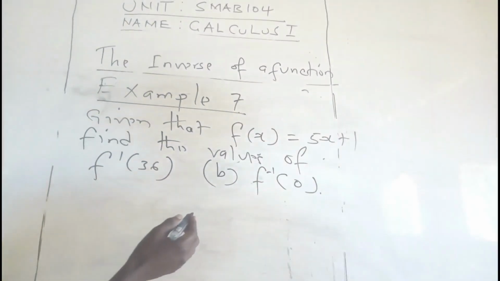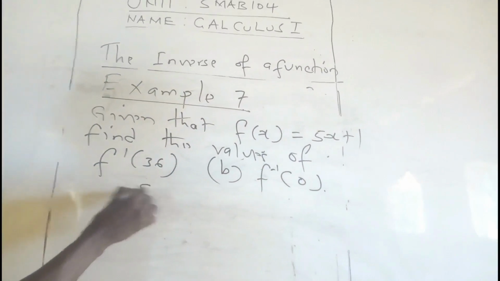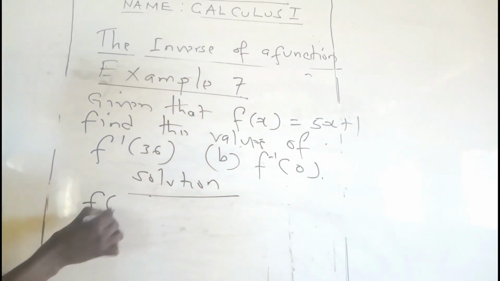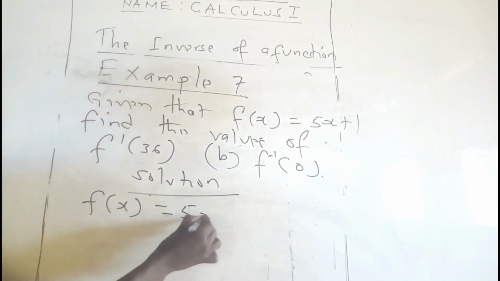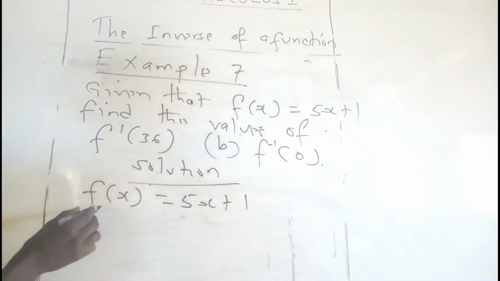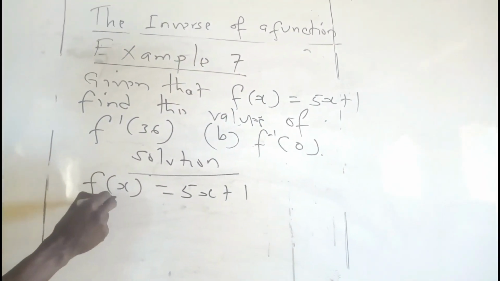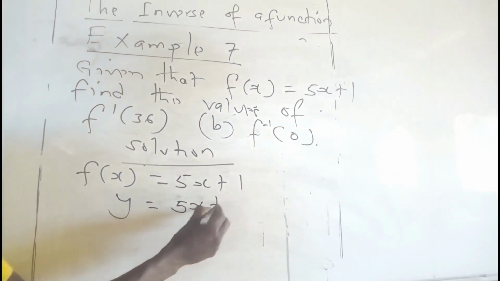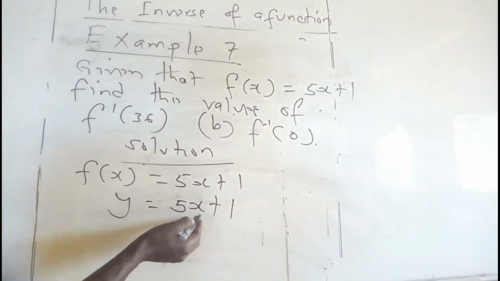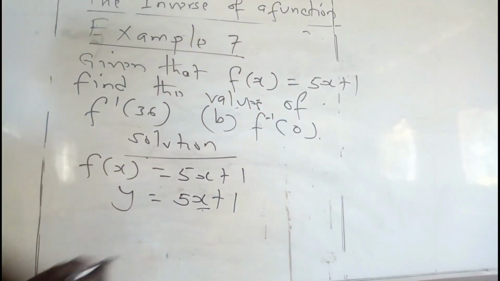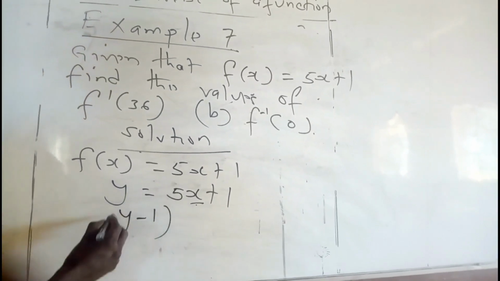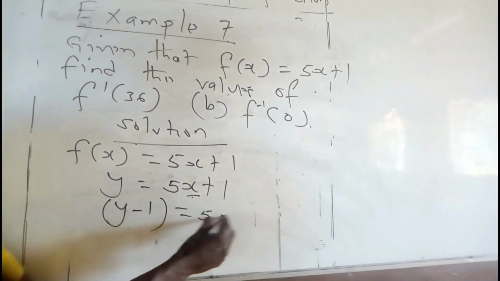So first of all, we start by getting the inverse of this. The solution to this equation: we'll have f of x is equal to 5x plus 1. Then I said that we replace this f of x with y, so as to have y equals 5x plus 1. Then we make this x the subject of the formula. Bring 1 this side, we have y minus 1 is equal to 5x.